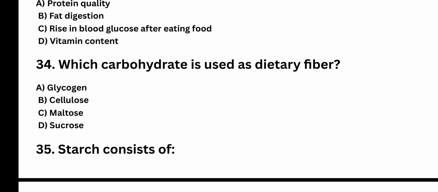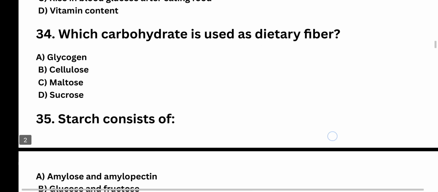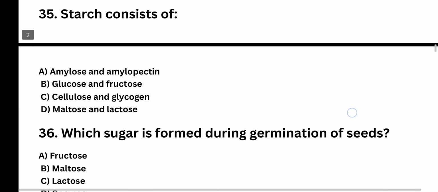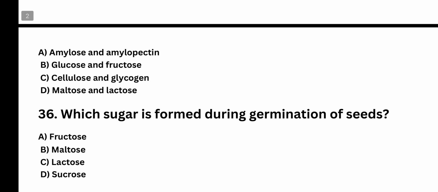Options are glycogen, cellulose, maltose and sucrose. So the right answer is option B, cellulose. 35. Starch consists of. Options are amylose and amylopectin, glucose and fructose, cellulose and glycogen, maltose and lactose. So here the right answer is option A, amylose and amylopectin.